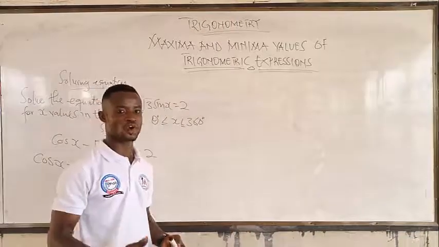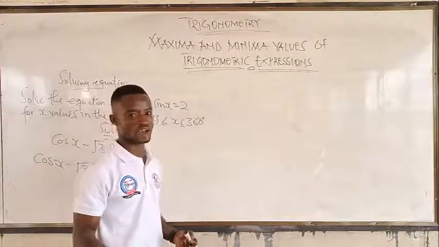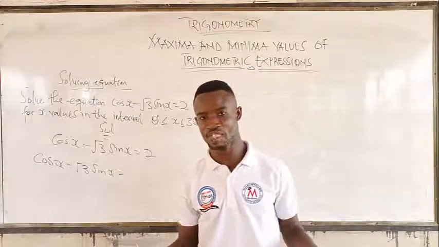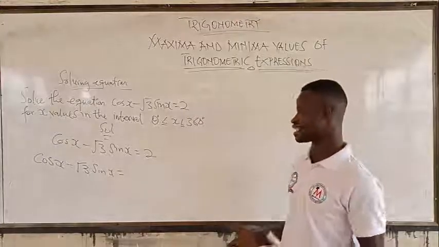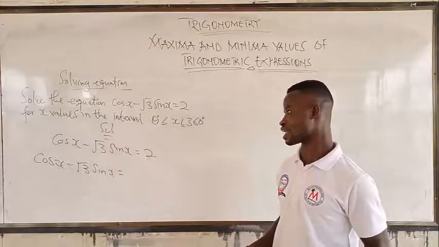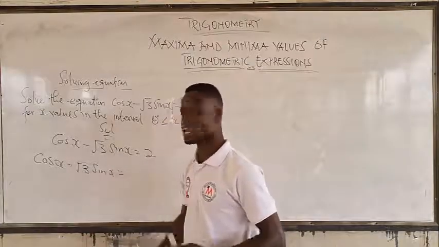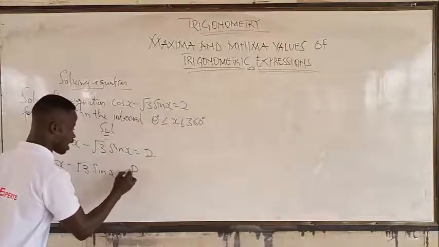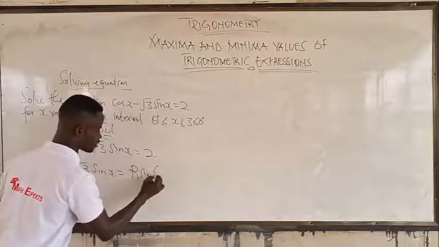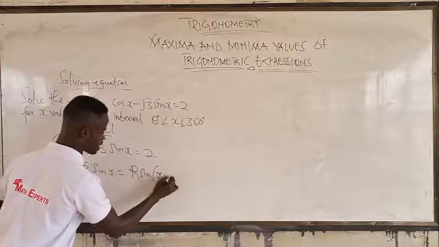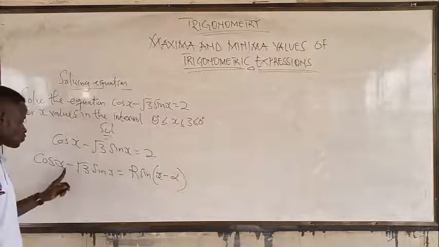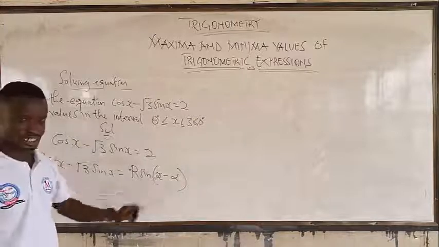So whether you go for R cos S plus or minus alpha or R sin S plus or minus alpha, any of it that you like to go by. And I have taught you the technique that if here is minus and you are going for the sine, make that place R sin S minus alpha.